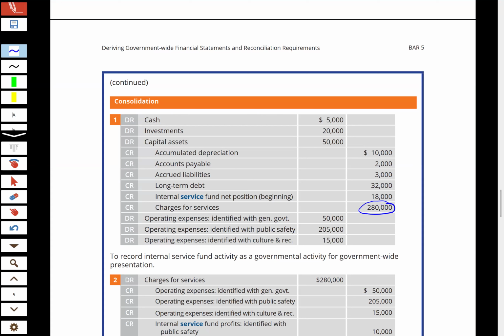Okay. Now, where it gets a little interesting is we go ahead and we take the charge for services that would be reported at the internal service fund level, and we debit the expenses for the internal service fund.